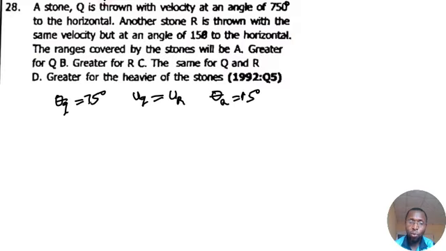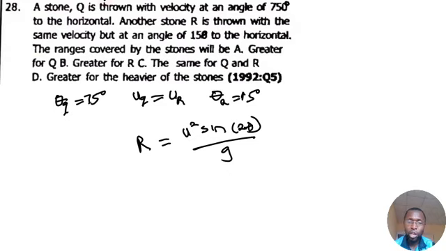Now the question you are going to ask yourself is, what is the formula for range? Range formula says u square sine 2 theta over g. That's the formula for range.